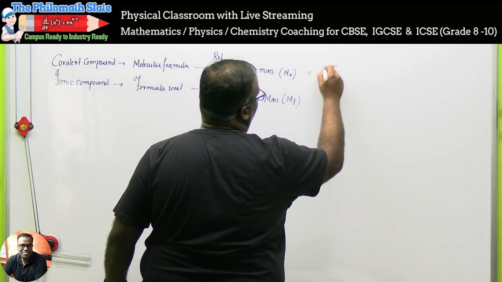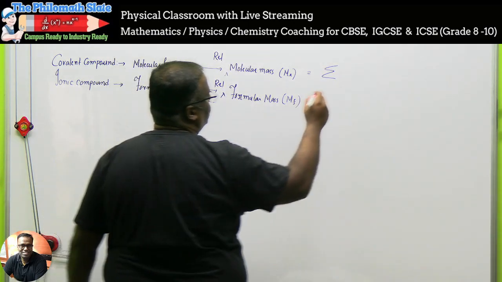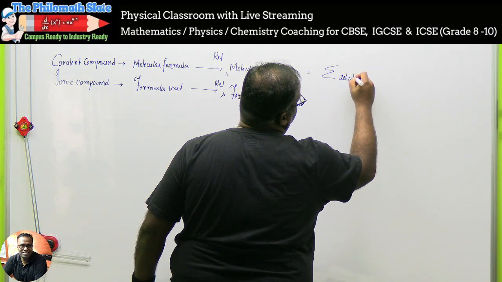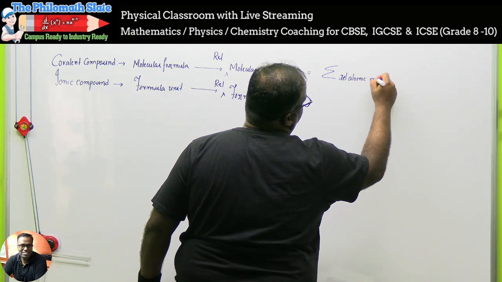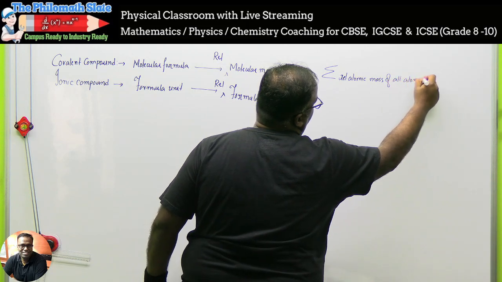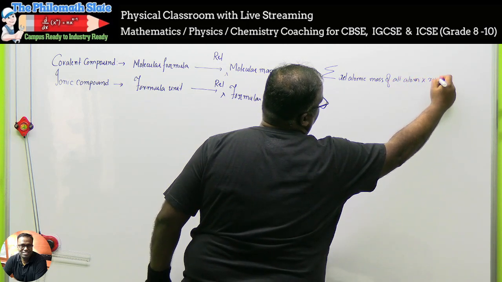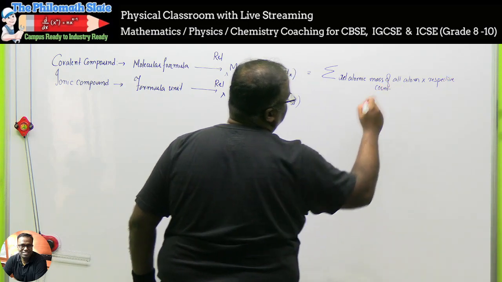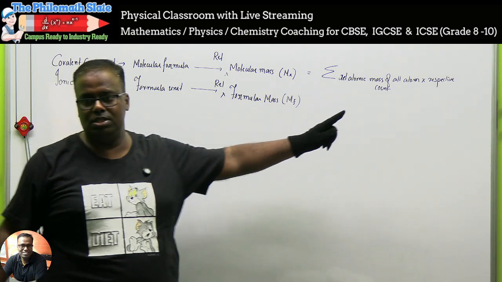Now, how to find this out? This is called sigma, the sum of the relative atomic mass of all atoms into respective count. Did you understand what I mean by respective count?